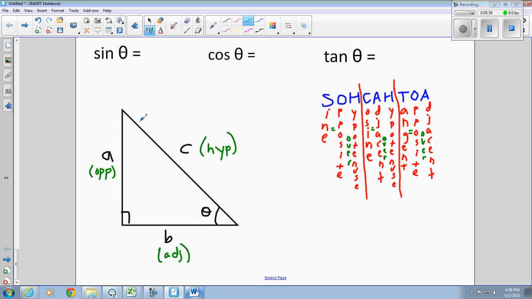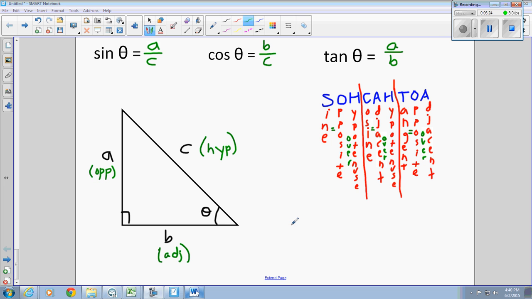C is your hypotenuse. So for sine theta, what does sine theta equal? It's equal to our opposite, which is A, over our hypotenuse, which is C. So sine theta is A over C. Cosine theta is adjacent B over hypotenuse C. And tangent is your opposite A over B. Going along with this would be the Pythagorean theorem.